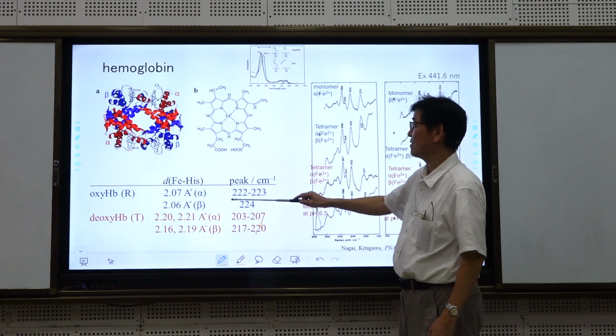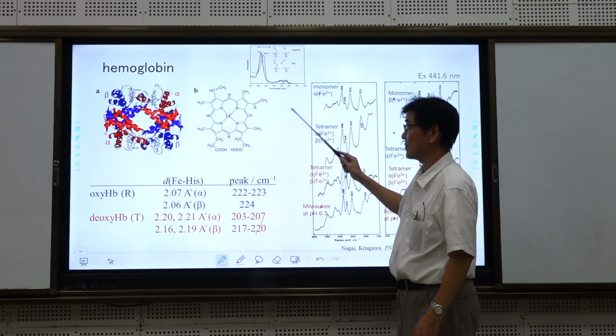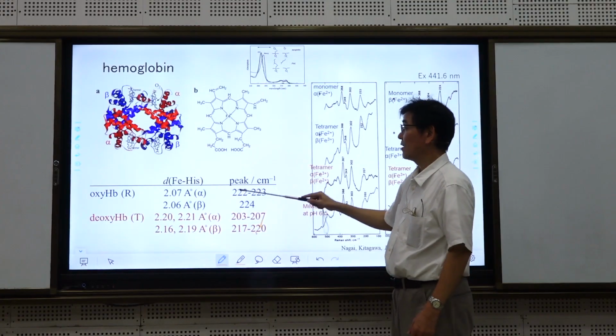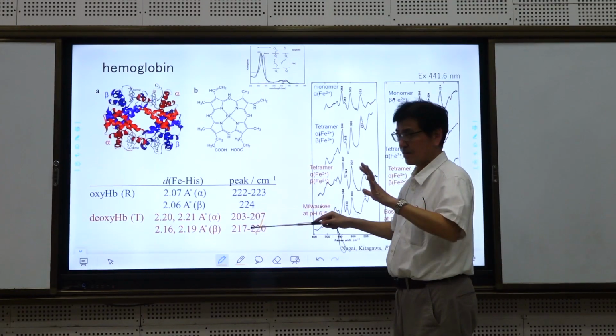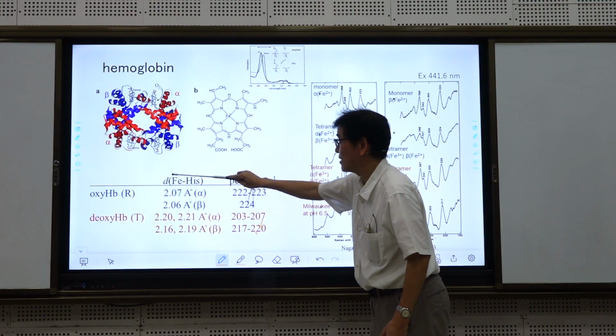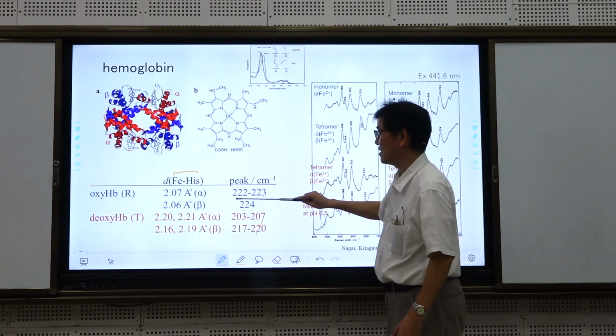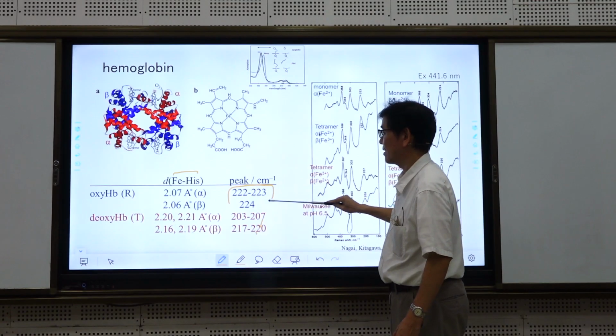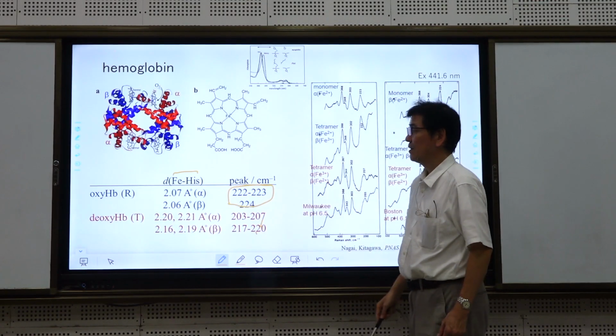Here, we can apply Raman spectroscopy. When we focus on the iron histidine vibration, the frequency is 220 or around here.